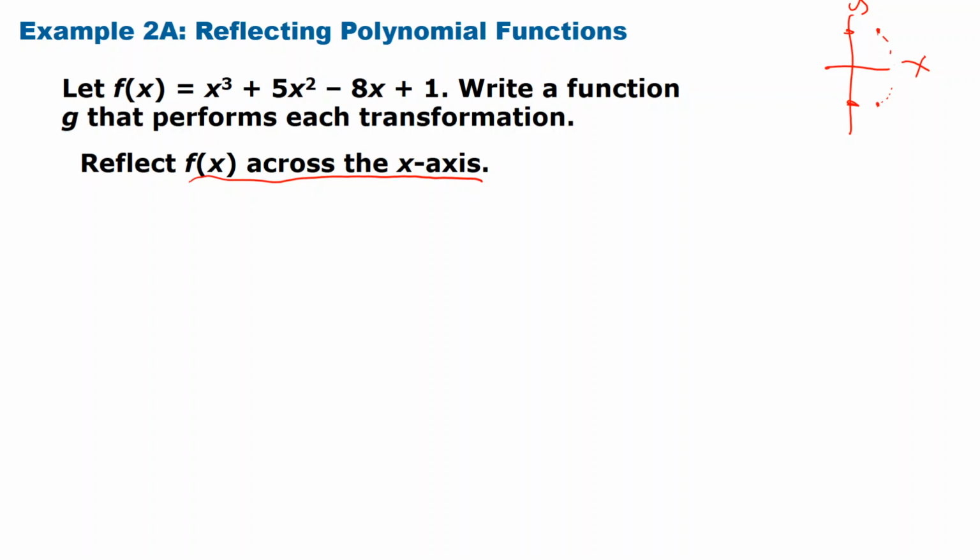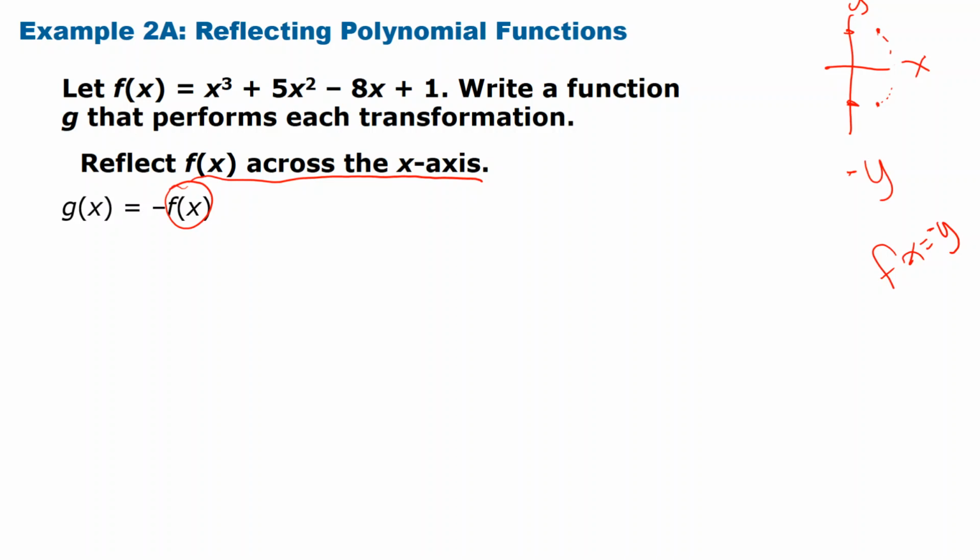So what that means is we're going to take the opposite of y. Now remember, f of x is the same as y, so if I'm taking the opposite of y, I'm going to take the opposite of f of x. So my new function is going to be g of x is the opposite of f of x. My new graph is going to be the opposite of my y.